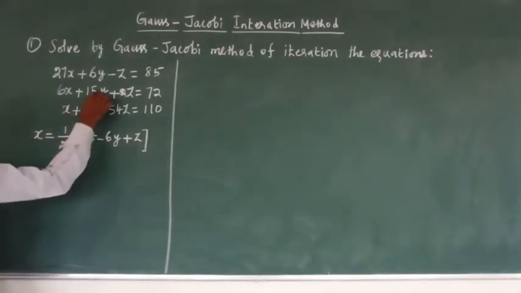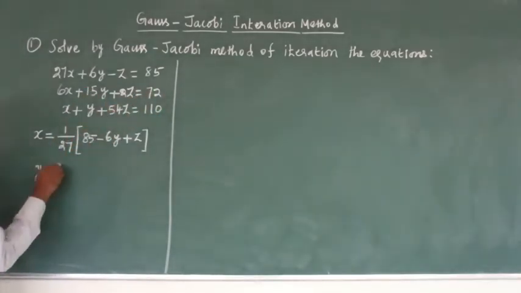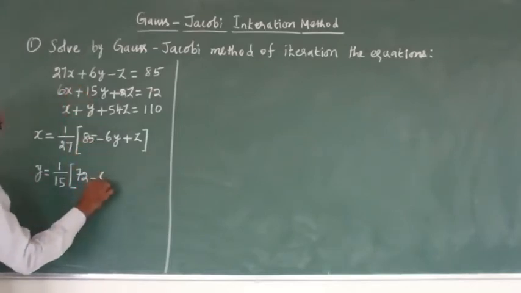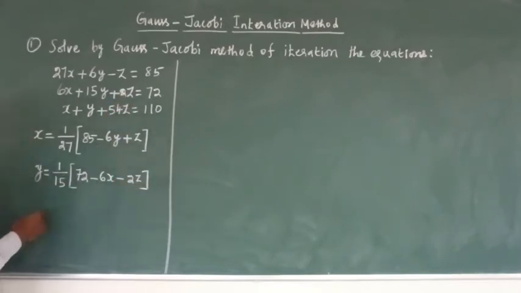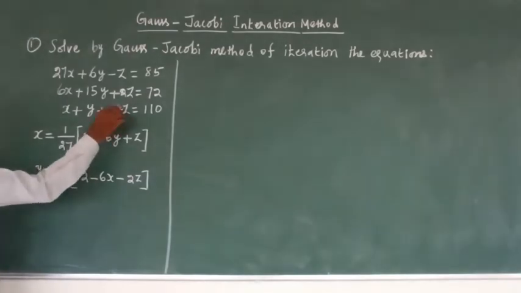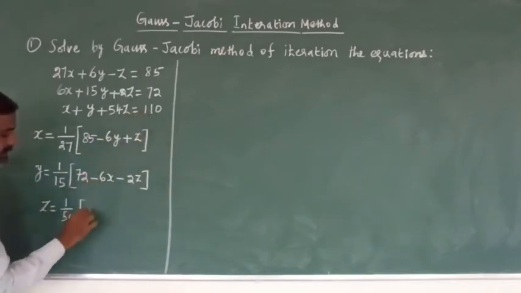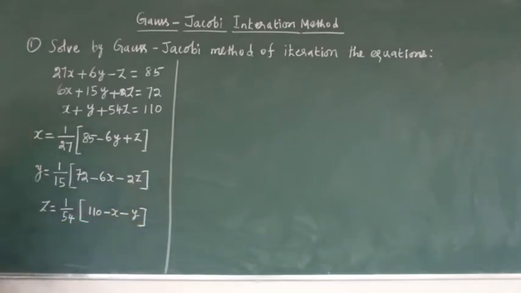For y, we take the 15 to that side: y = 1/15 (72 - 6x - 2z). And from the third equation, to find z: z = 1/54 (110 - x - y).